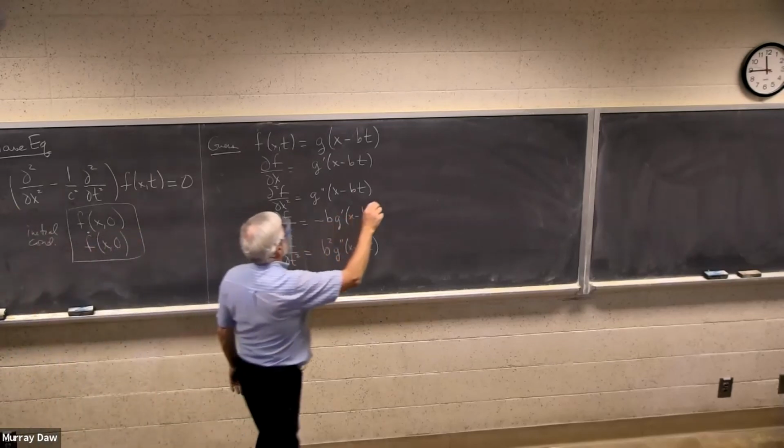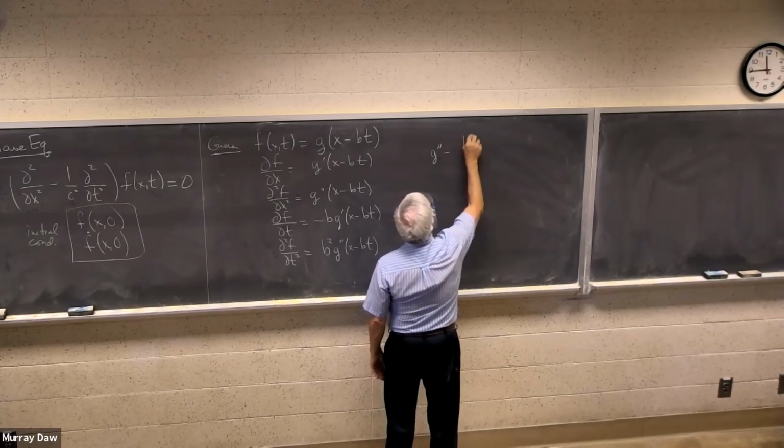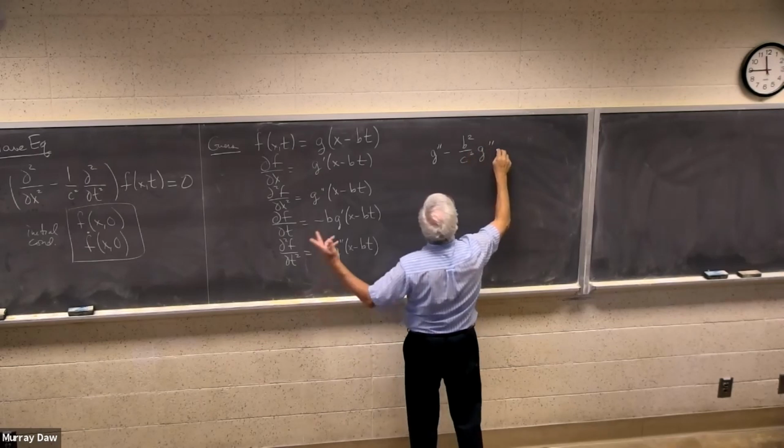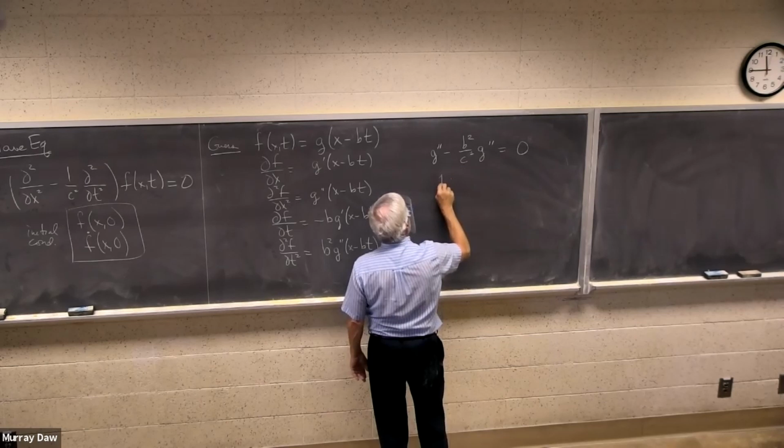Okay, let's substitute it in here. So we have g double prime, and we have minus b squared over c squared times g double prime. And g double prime is a function of x minus bt. So we can factor out the g double prime.